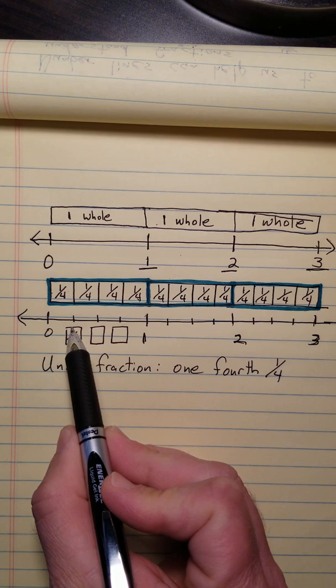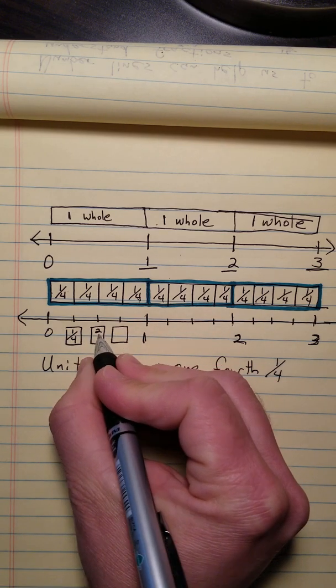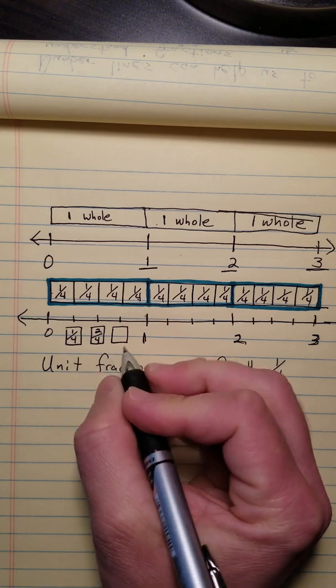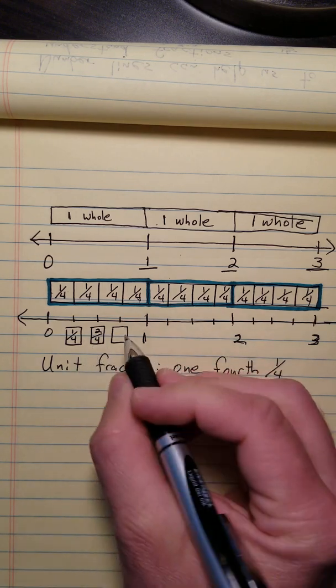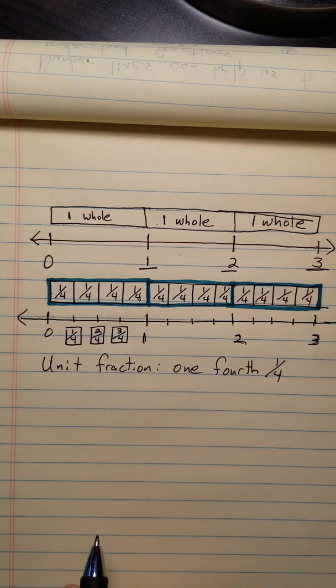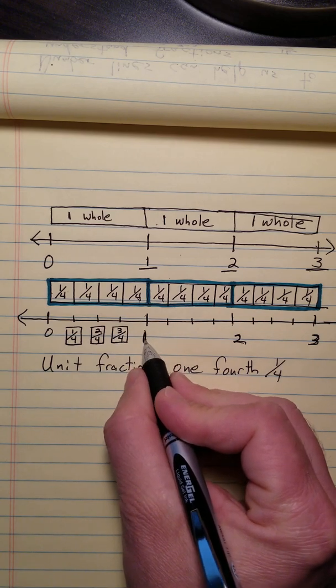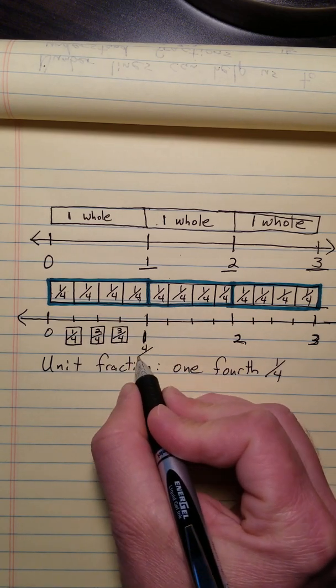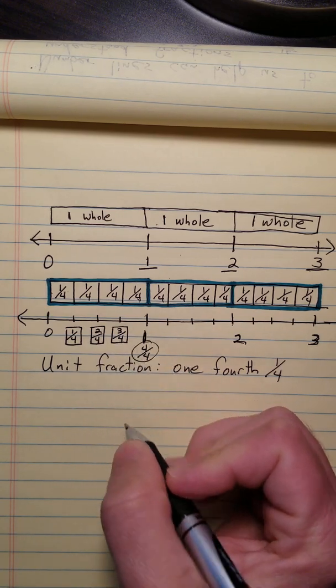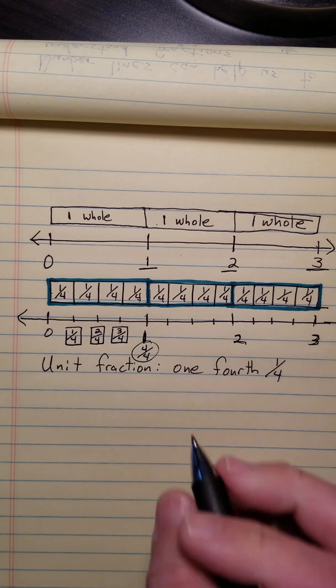Then when we go again, right here, this is 2/4. Okay? 3/4. Okay? And then this one here, hey, that is 4/4. All right. Now we're counting the fourths on this number line.